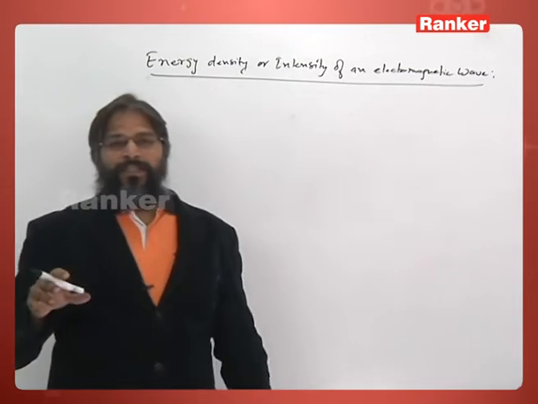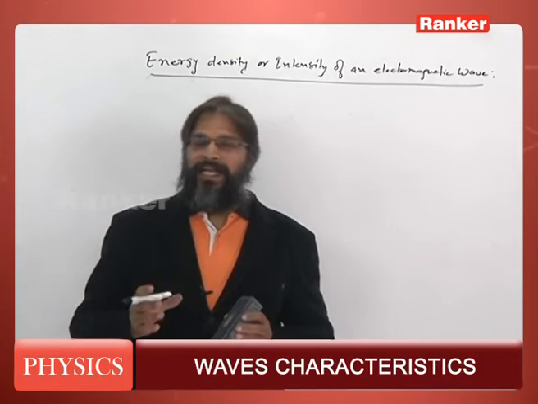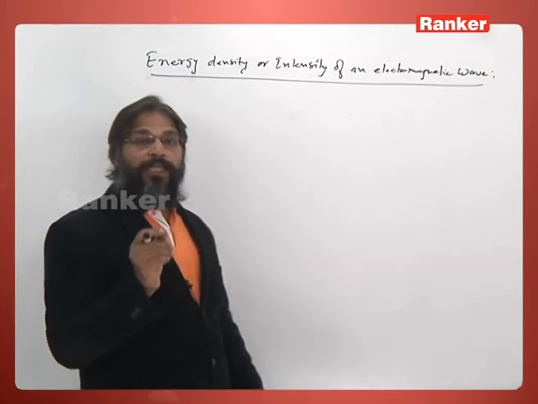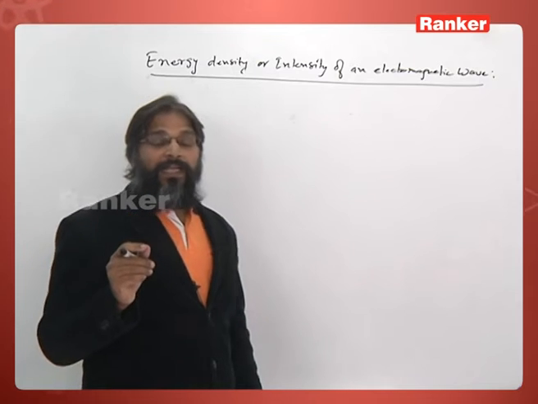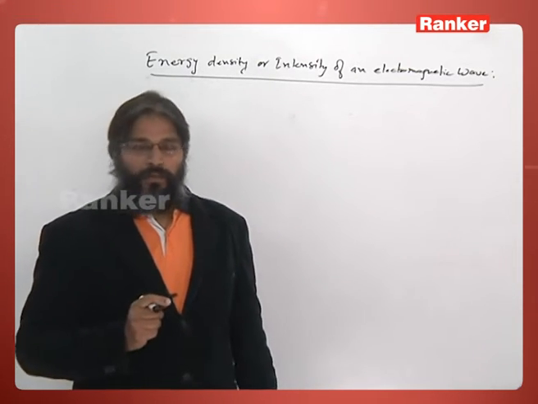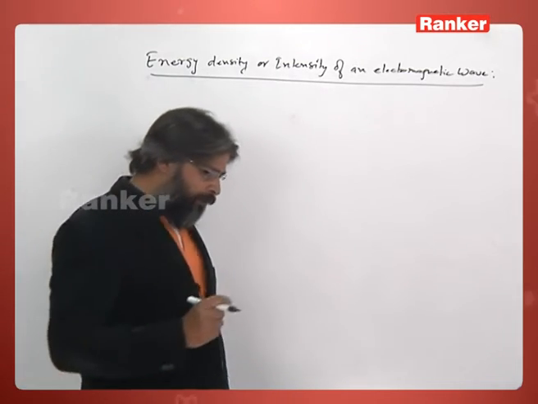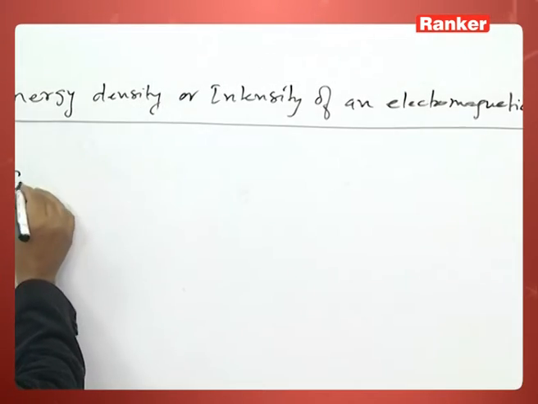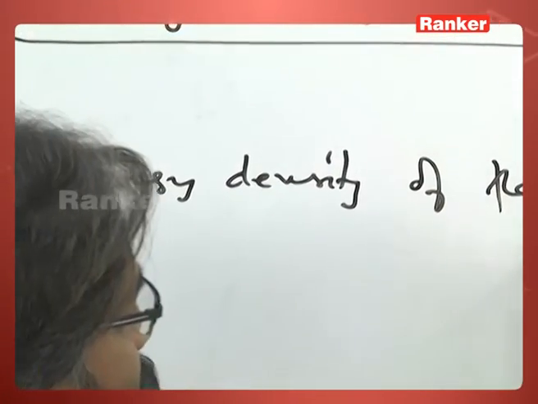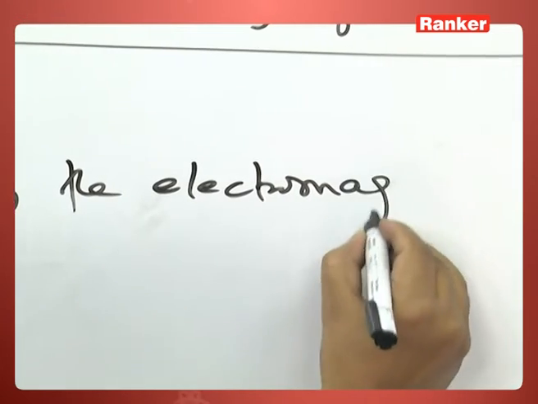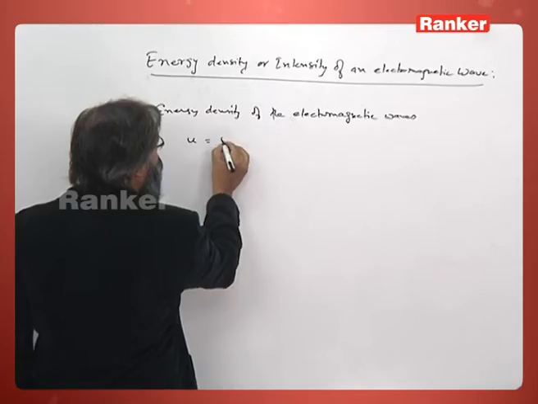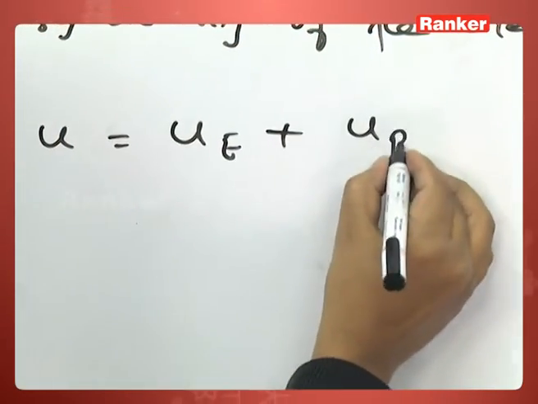From electrostatics, we know that the electrostatic field energy, the energy associated with electric fields, is given as epsilon naught by 2 E square, and the energy is also stored in magnetic fields with energy density UB as B square by 2 mu naught. So, the energy density of the electromagnetic waves, which we will denote by U, will be given by UE plus UB.